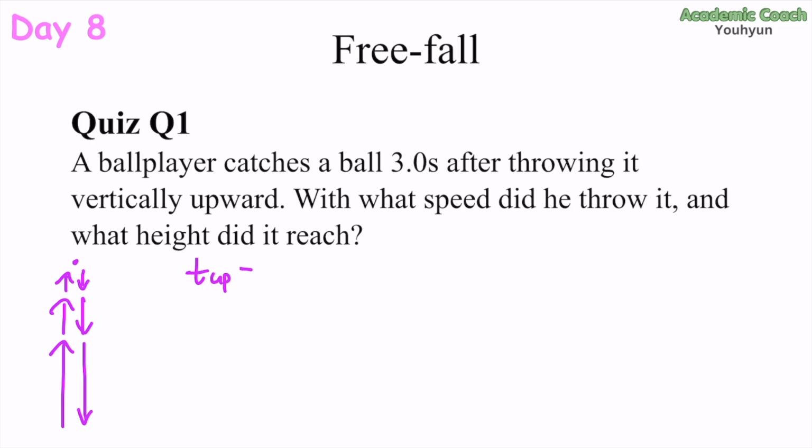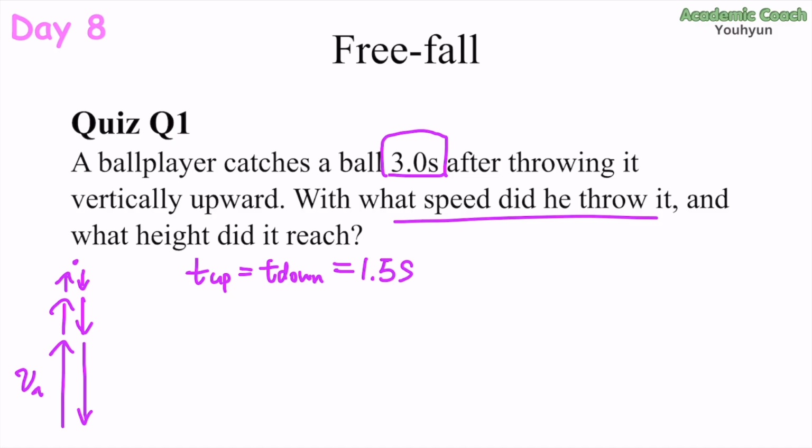We know that t up is equal to t down, and these two add up to 3.0 seconds. That means each time interval is 1.5 seconds. We want to know what speed he threw it, so we want to find V initial. By using free fall tricks, V initial is equal to the square root of 2gh max, or it's equal to g times t.